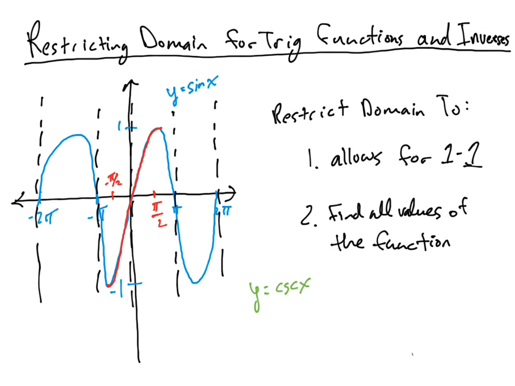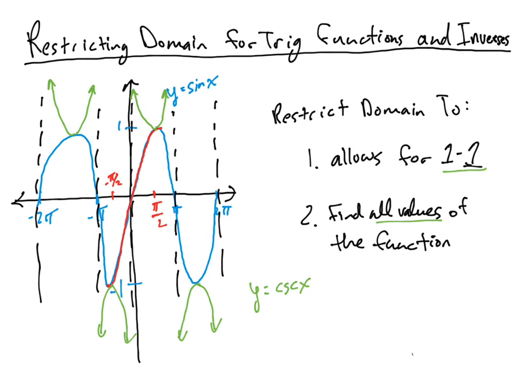So this cosecant graph is going to look like this, it's going to look like this, and so on. So it's the same idea. We want to restrict this so that we have a function that is 1 to 1 and that we get all values of the cosecant function.